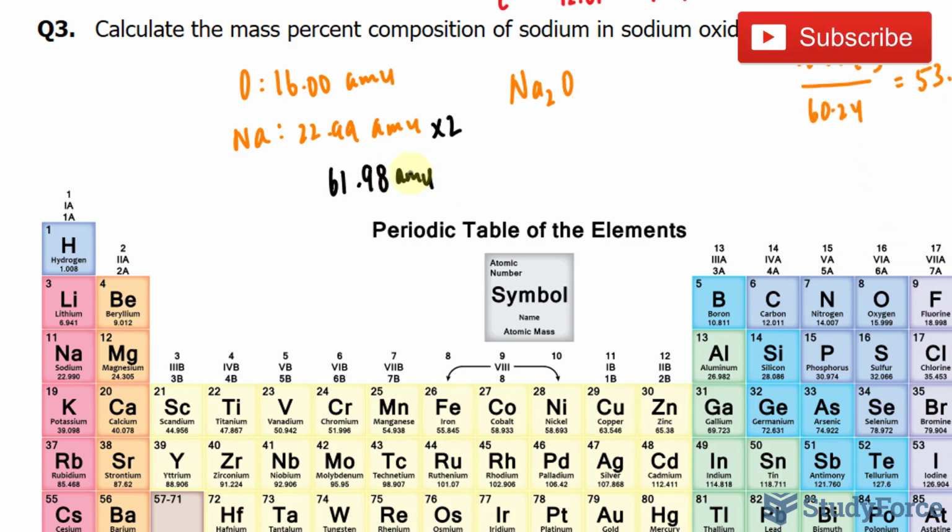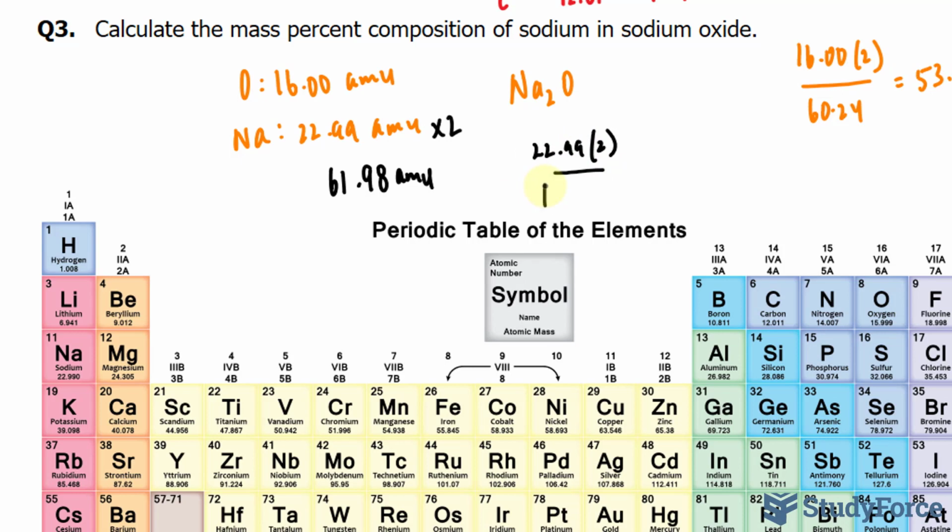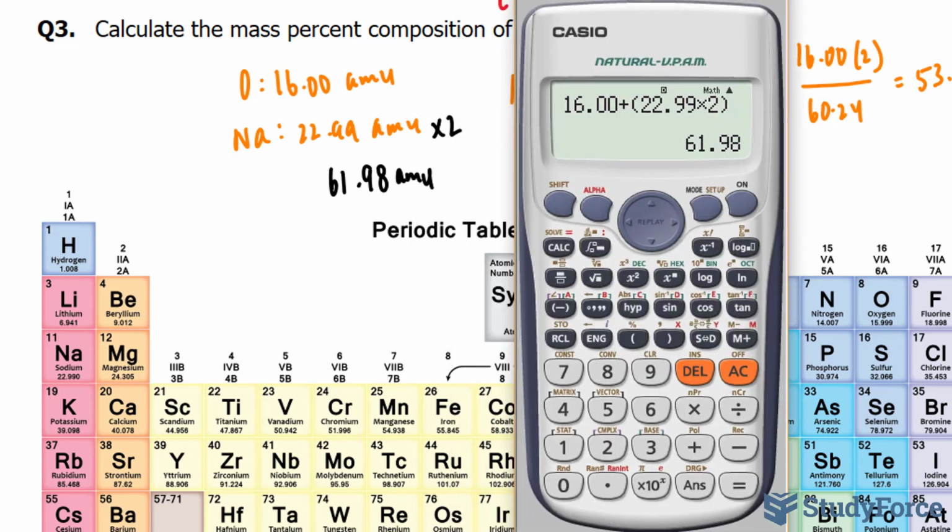And now I'll take the molar mass of 2 sodium atoms. We had 22.99 times 2 divided by 61.98, and we'll multiply this by 100%. We'll finalize with our calculator.